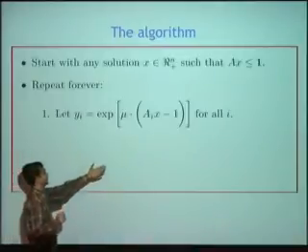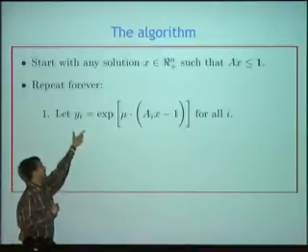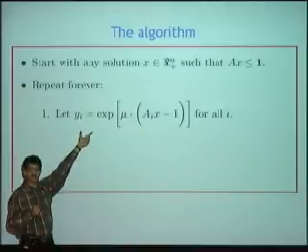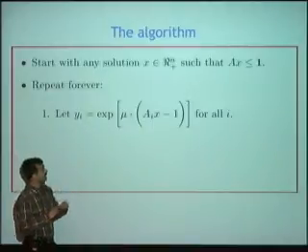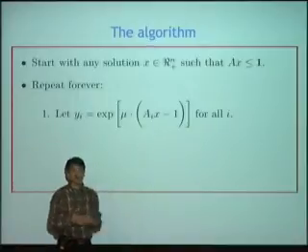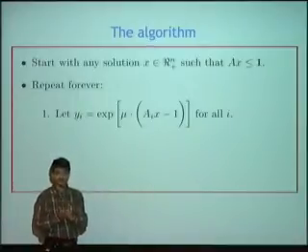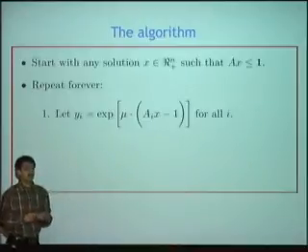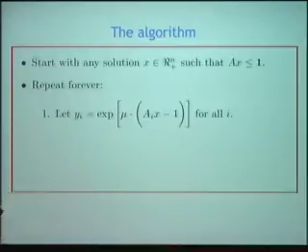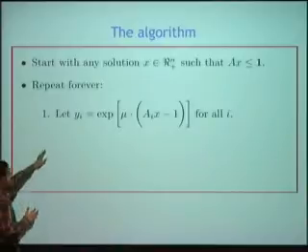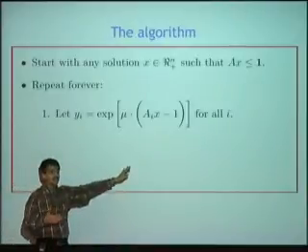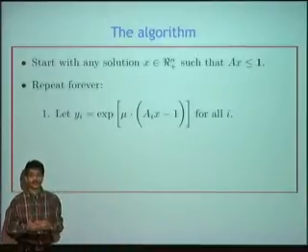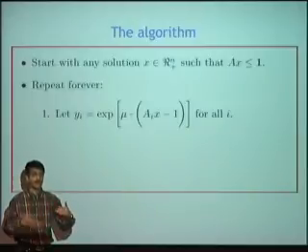So if this quantity is negative, then y_i is going to be very close to 0. On the other hand, if a_i x is equal to 1, it's tight, then this is 0, so y_i is going to be 1. So the whole point here is that y_i capture how tightly the corresponding constraints are satisfied in the primal. Larger the y_i, tighter is the constraint.